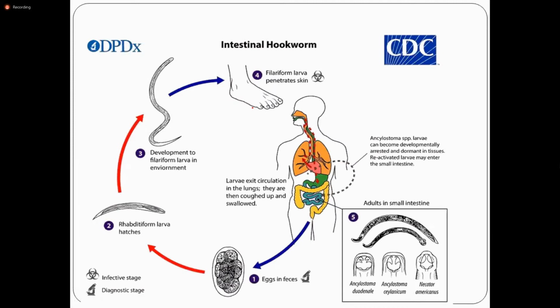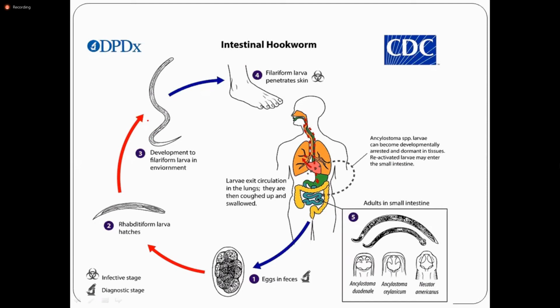So the life cycle, you can see the infected person is releasing eggs in the environment. They develop into rhabditiform larva, and then filariform larva, the non-feeding or developed stage.